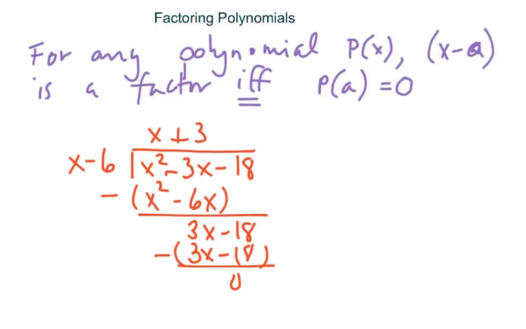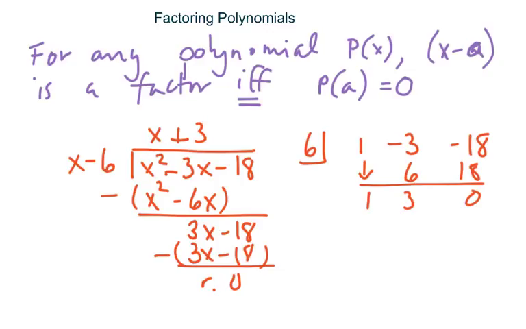I'm not going to run you through the whole problem, but I do my polynomial long division, and I see that it has a remainder of 0, therefore x minus 6 is a factor. Likewise, if I do synthetic division, I also get a remainder of 0, which tells me that 6 is a solution, or x minus 6 is a factor.